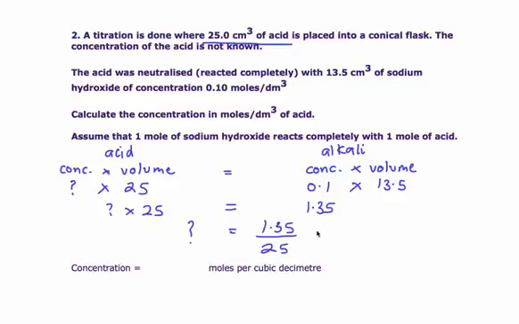So our answer is, I believe, 0.054. And what it's asking us to work out is the concentration of the acid. So it's going to be moles per dm cubed. So we can just plug that into our little gap here, and there's our answer, moles per cubic decimeter. That's just the same as saying moles per decimeter cubed.